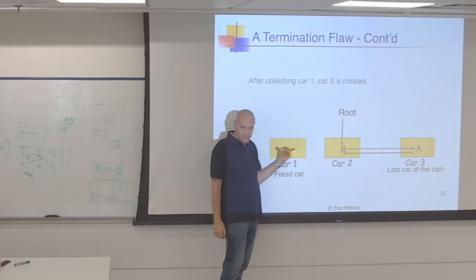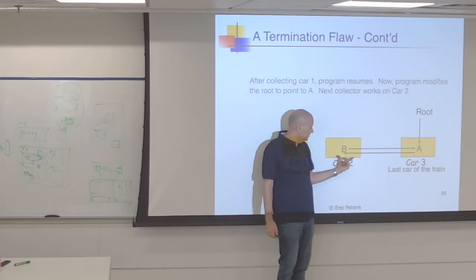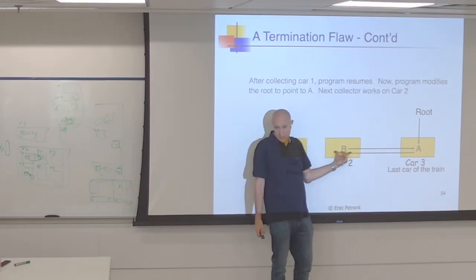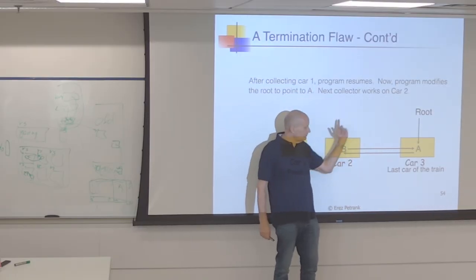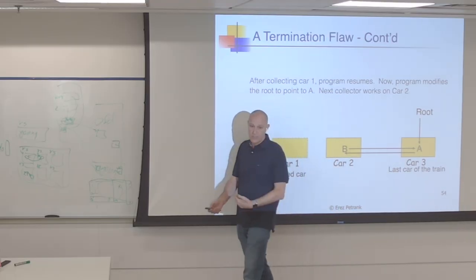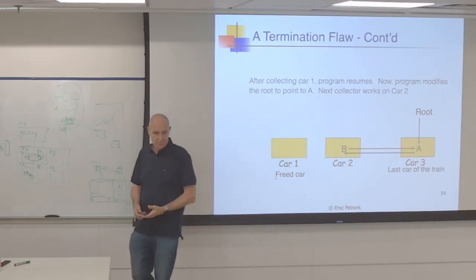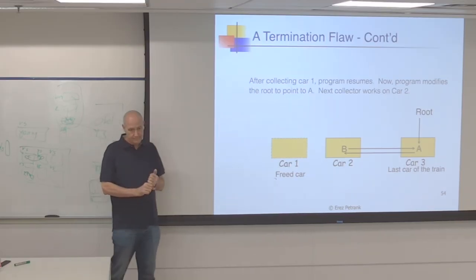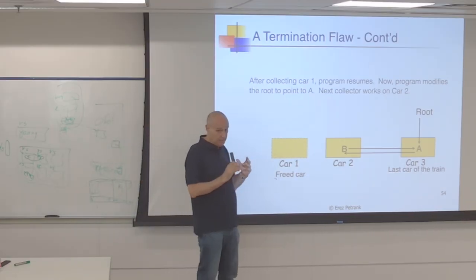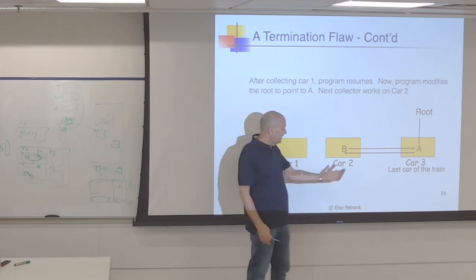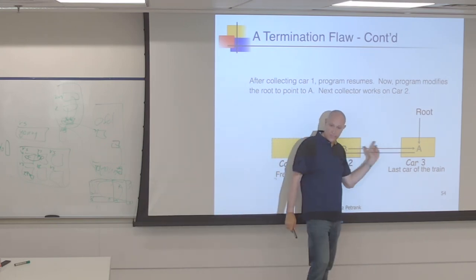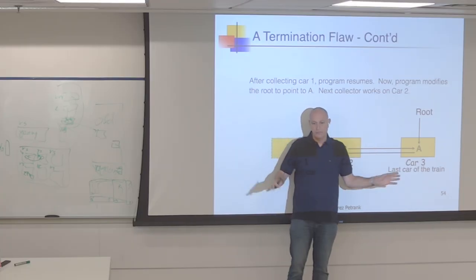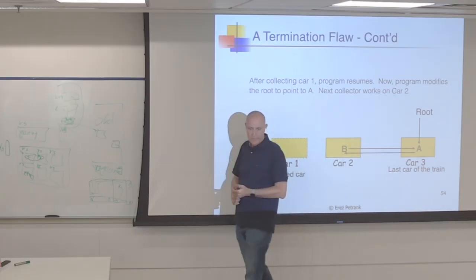I moved here, but when I got to car 2, I moved another object. Maybe there are 50 objects, and I moved them to another car each time. I still don't understand why this is considered a bug. In a global view, I'm handling these live objects and I just move them inside the same train. I never reclaim any dead object.